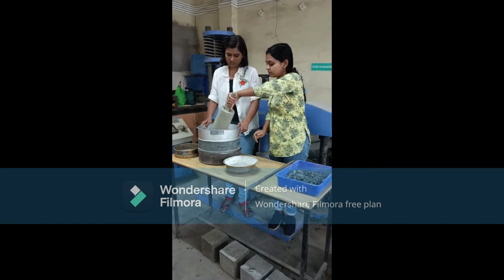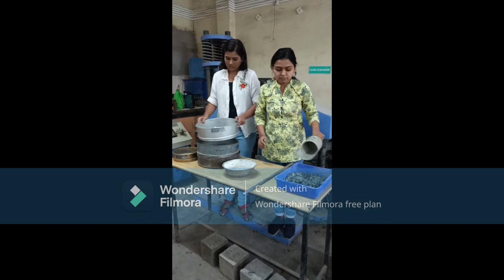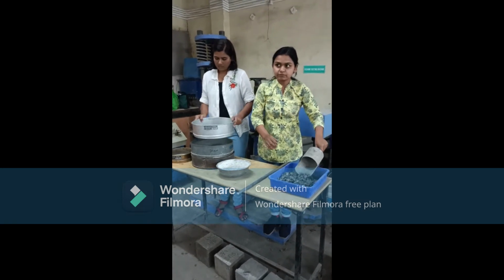First, we will sieve the aggregate through the 12.5 mm sieve.